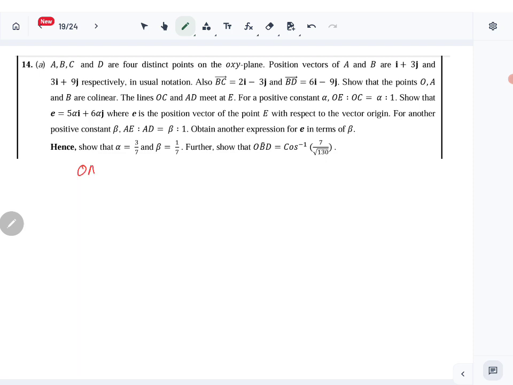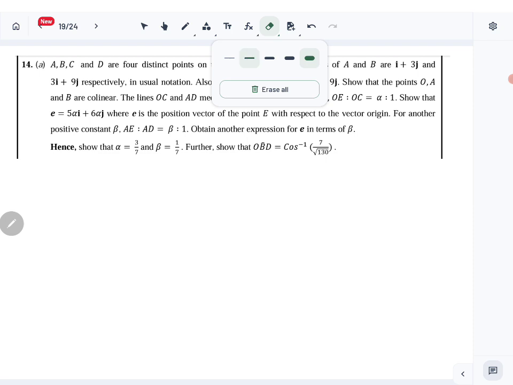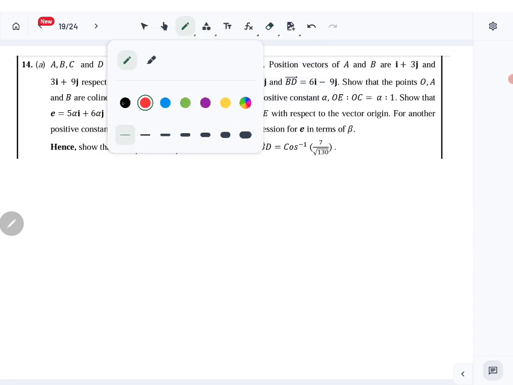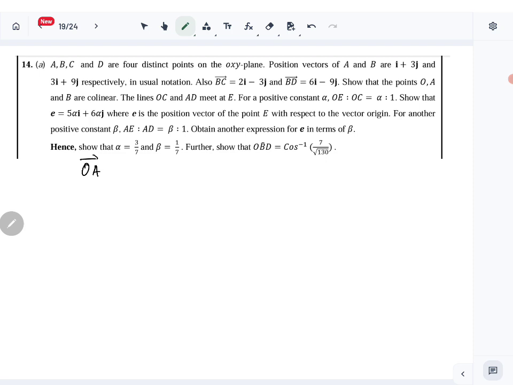So OA vector is given, which is i plus 3j, and OB is also given, 3i plus 9j. And BC and BD are also given. BC is this, BD is that, 6i minus 9j.